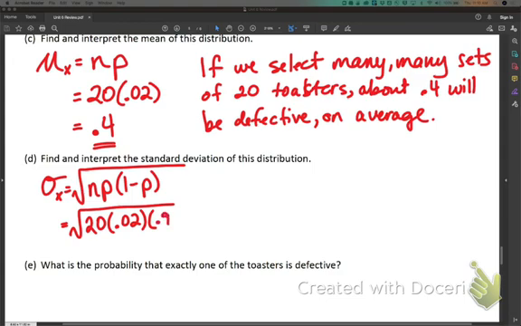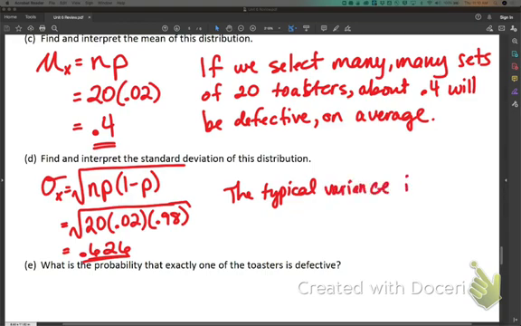So 1 minus 0.02 is 0.98. And when I do this, I get 0.626. That means the typical variation is 0.626 defective toasters.